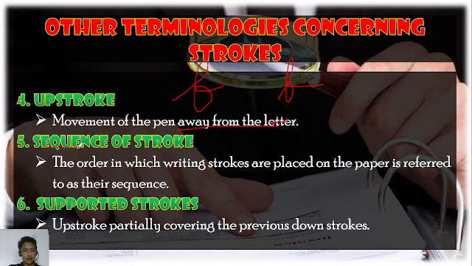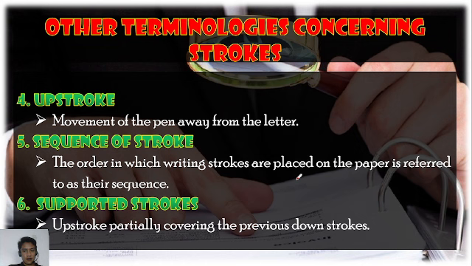And sequence of stroke, the order in which the writing strokes are made. If the writing is pakanan ba lahat, going to the right, or papunta sa diagonal, from left to right, or medyo bumababa from left to right, or pa kaliwa naman yung sulat. That is what we are referring to as sequence of stroke.